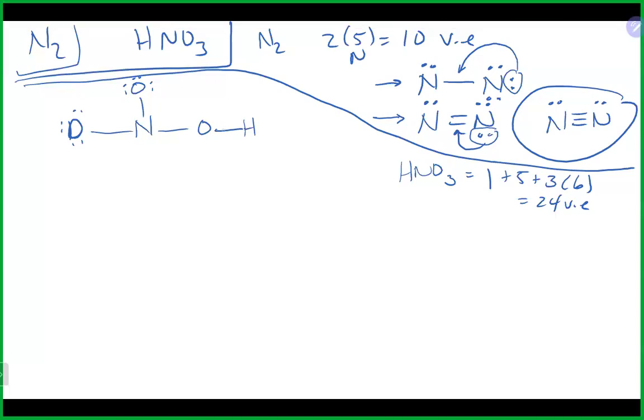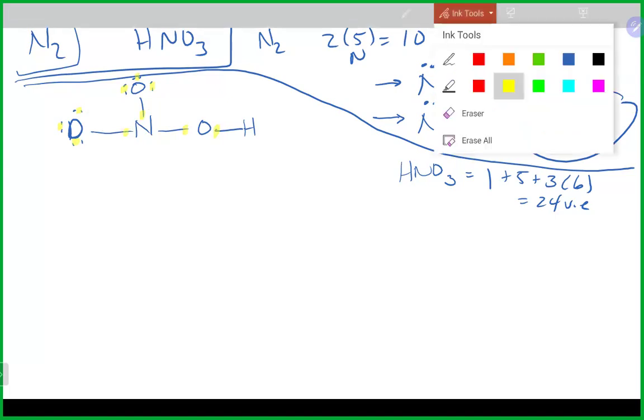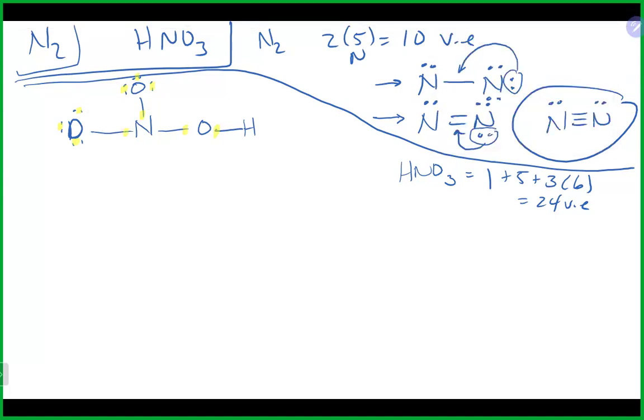Again, I'm going to just count that real quick one more time: 2, 4, 6, 8, 10, 12, 14, 16, 18, and 20 electrons. I still have 4 more electrons to go. The next outside atom is actually the oxygen on the right there. So we're going to go 2 and 4. And now I have put on there 24 electrons.